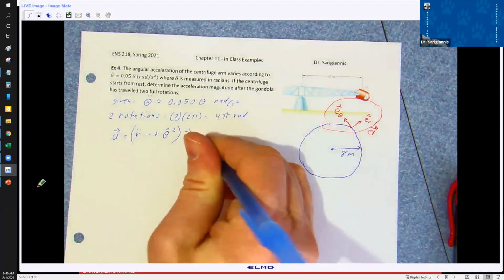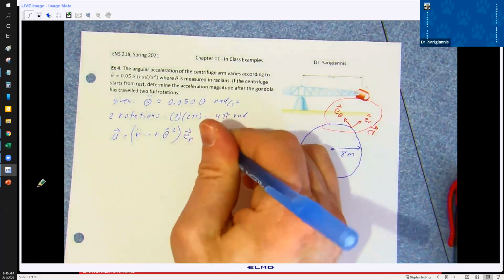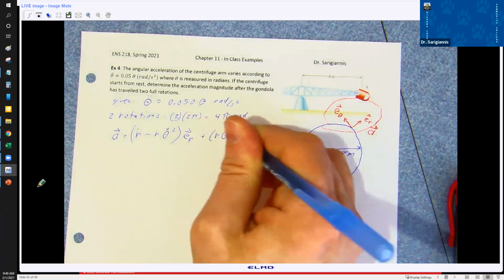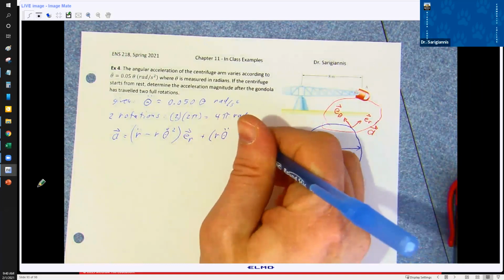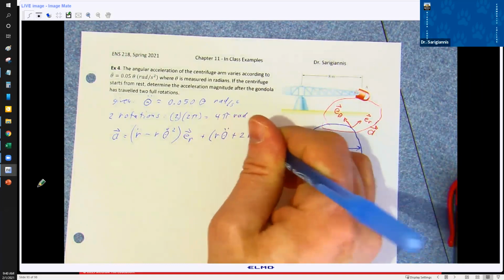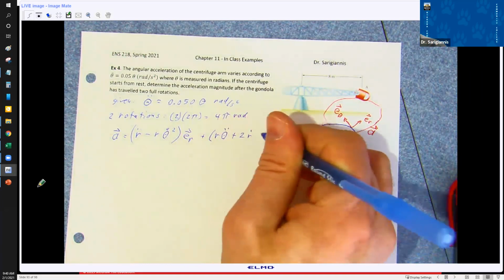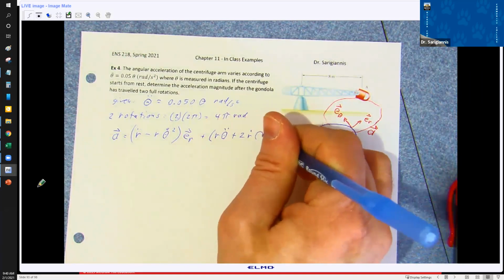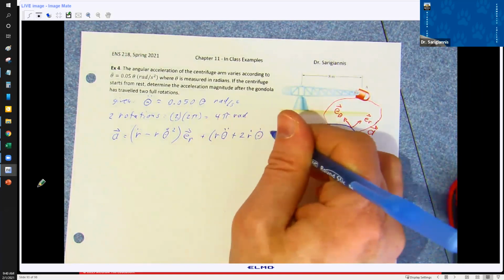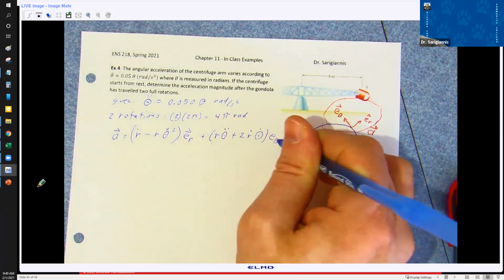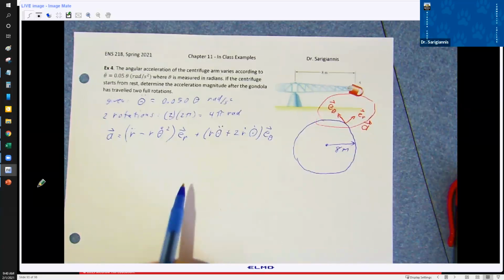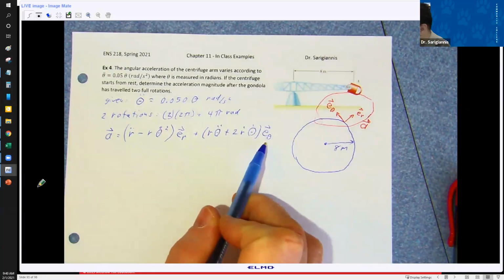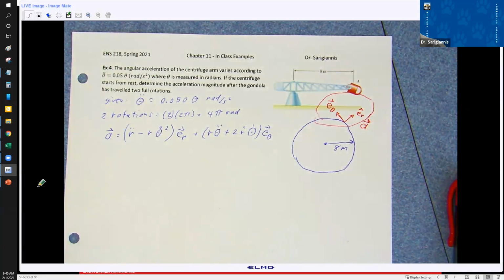Then it's plus r theta double dot, the second derivative of theta with respect to time, plus 2 r dot theta dot, and I'm just going to say dots from now on. This is your e_theta component. So these are the components of acceleration in the r and theta direction vectors.